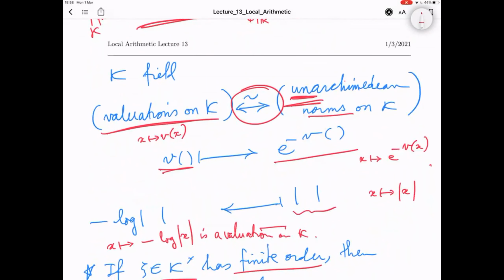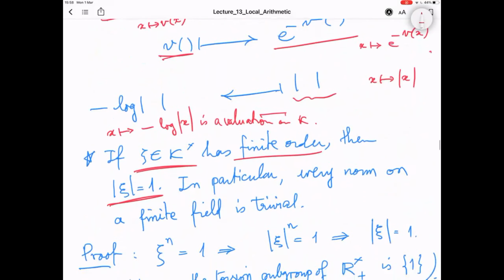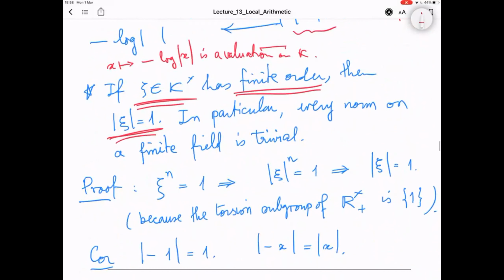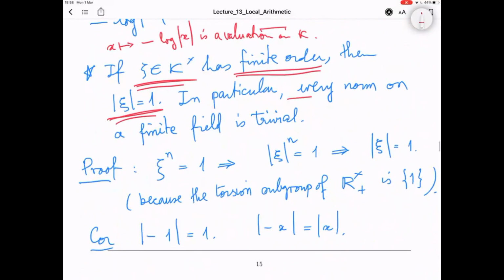Unfortunately, you use the same word to denote these two very different notions. So if psi is an element of finite order, then its norm is 1. And so, for example, for every finite field there's no norm, only the trivial norm, because every element in F_p star has finite order, right?